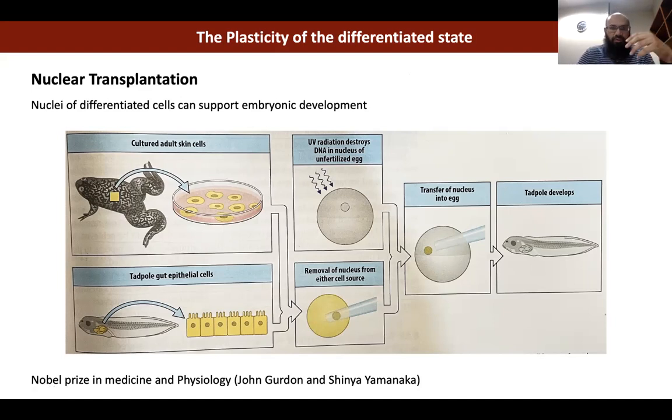They performed a quite straightforward and simple-looking experiment, although technically it was quite complicated and challenging at the time. But it was a simple idea. They said, let's take an oocyte or an egg, a fertilized egg, remove its nucleus, and then put a nucleus from a somatic cell into this egg.